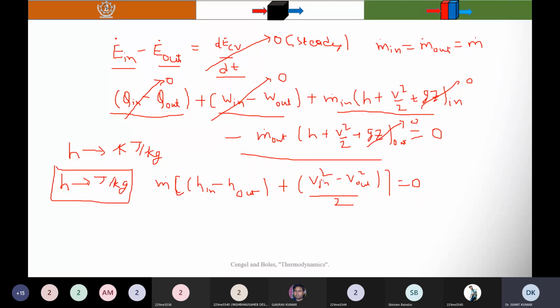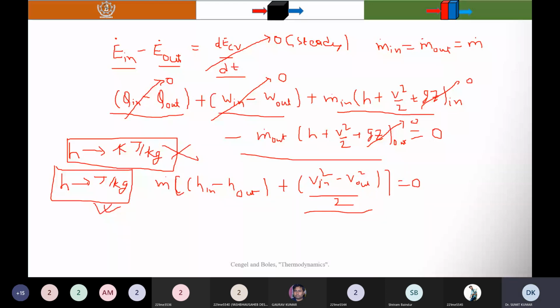Most of the time students consider h in kilojoule per kg and find the velocity, so you will get the wrong answer. Why? Because you are considering h in kilojoule per kg, but here this term is in joule per kg. So whenever you are solving, you should always consider h in joule per kg instead of kilojoule per kg.